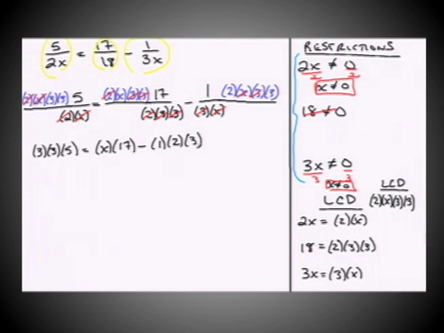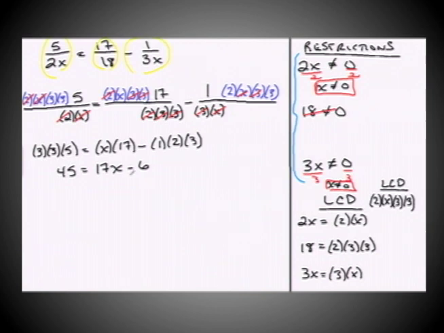Now I just need to keep on with the simplification process. 3 times 3 times 5 is 9 times 5, which is 45. 17 times x is just 17x. And 1 times 2 times 3 is 6. And we're subtracting that 6 off. So I have a nice, neat, linear equation to solve.